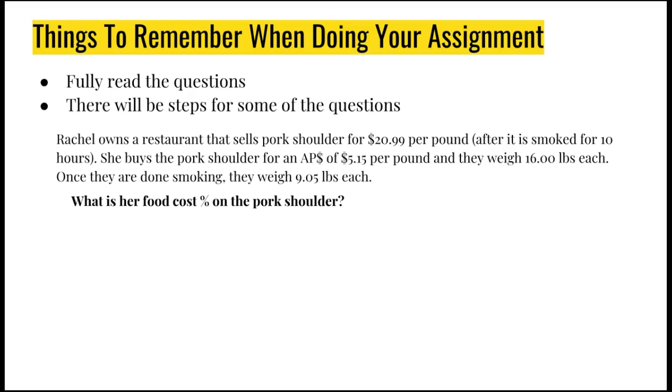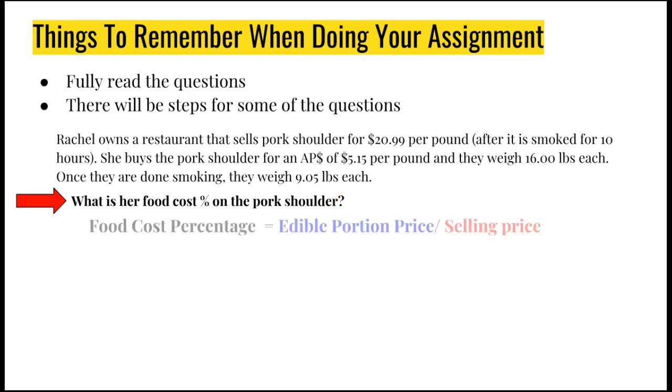There has been shrinkage. When they're done smoking, they weigh 9.05 pounds each. What is my food cost on that delicious pork shoulder? That is the question that is being asked. So you need to read all of this information and also read to what the actual question is asking.